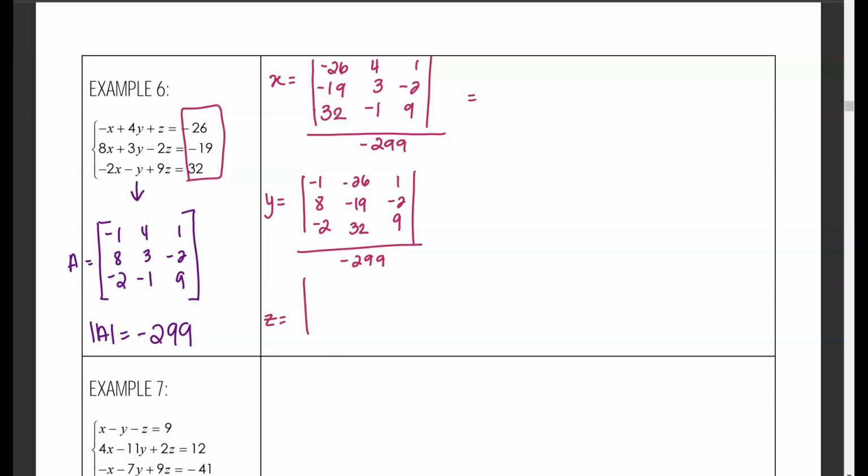So in z, we're going to do negative 1, 8, and negative 2. We're going to copy the x's and the y's. And then the z's we're going to replace with our values. There we go. All over negative 299.